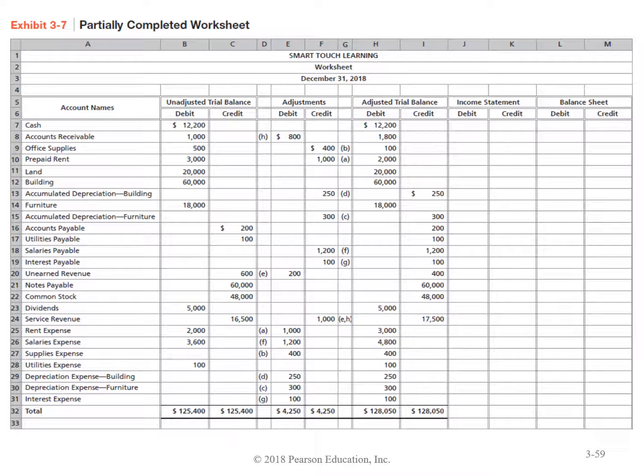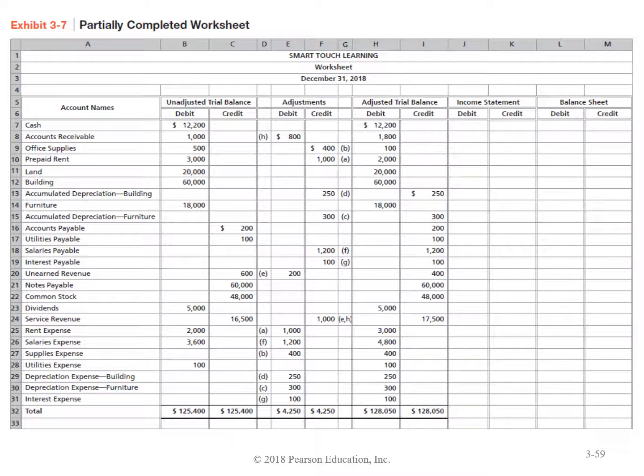So the accountant would say, yeah, that's what I expected that to be. And then office supplies, we had 500. We adjusted for 400. So now we have 100 left. And I know that that number's right. I counted it up in the supplies closet so I can look at this and say, yep, that one is right.